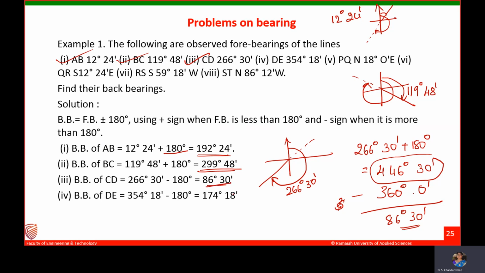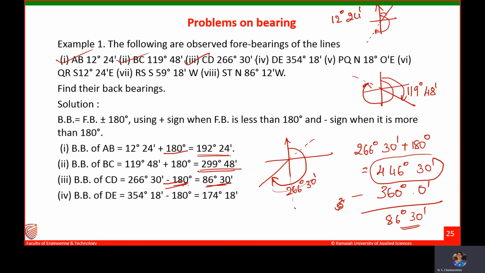This was one method, by adding 180 degrees: if it exceeds 360, subtract 360 from that, and whatever remains is the back bearing. The other method: it is in the third quadrant. That means if the forebearing value is more than 180 degrees, then subtract 180 degrees from that. That is what has been done here. In both ways, we get the same answer.